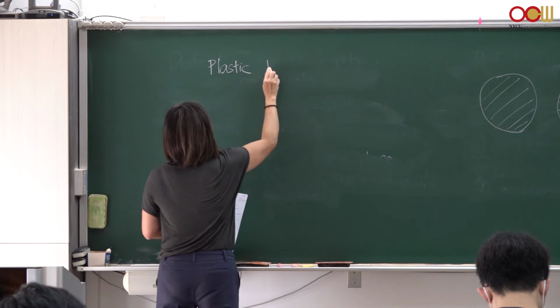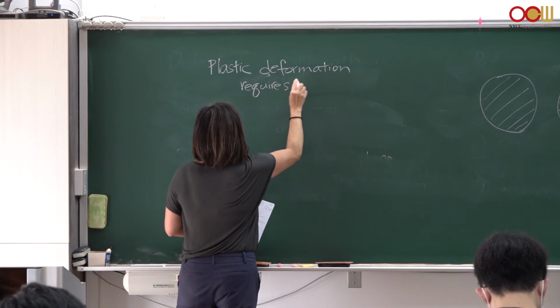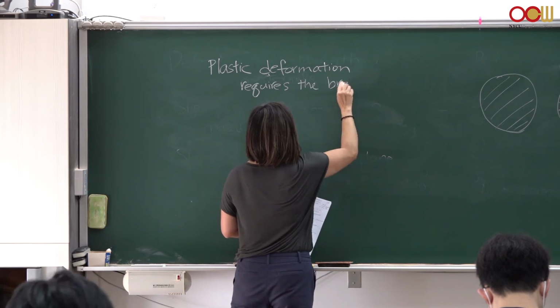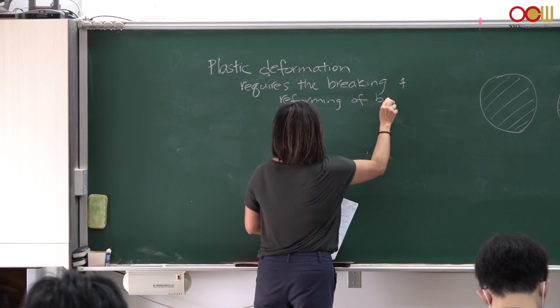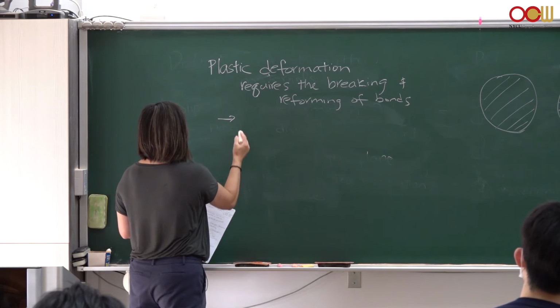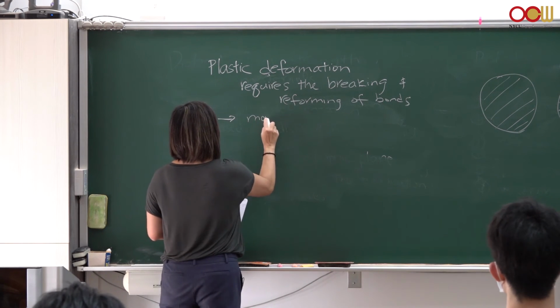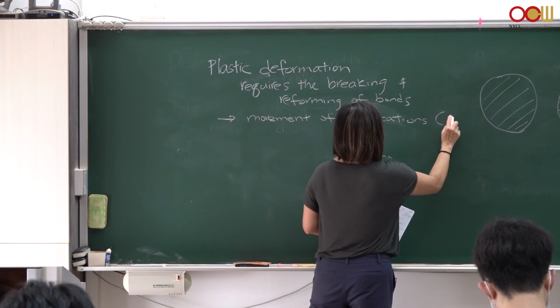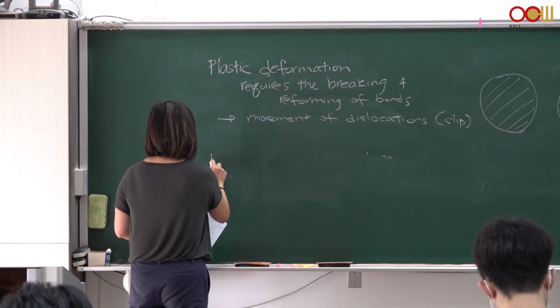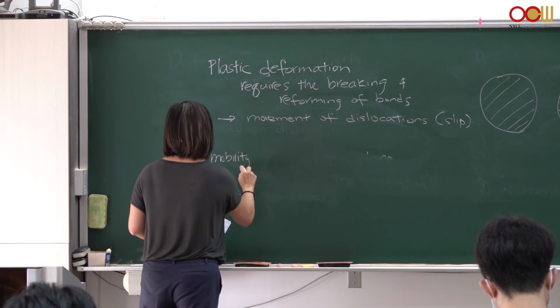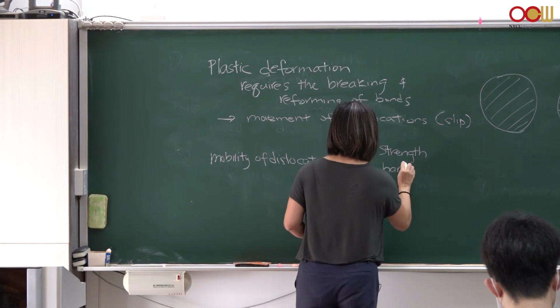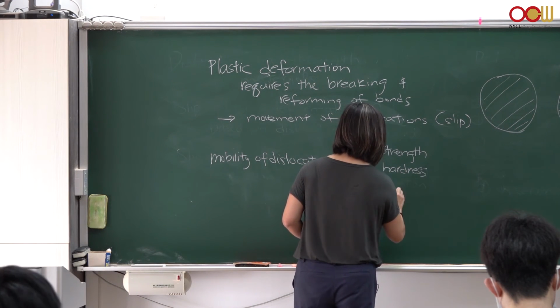So we know plastic deformation requires the breaking and reforming of bonds. And that means you need movement of dislocations, which is also called slip. So if you have mobility of dislocations, hardness and ductility.